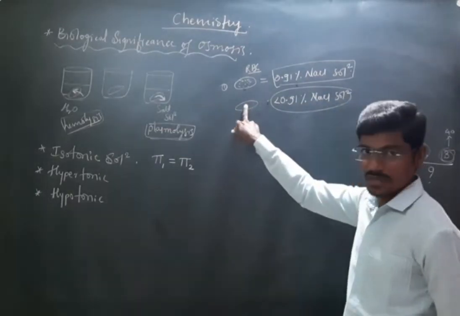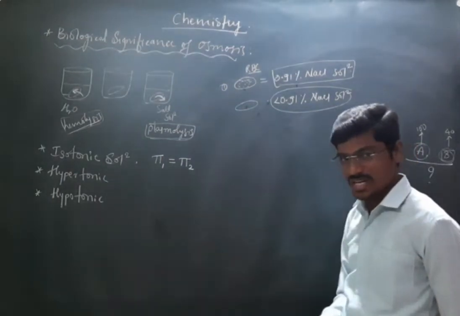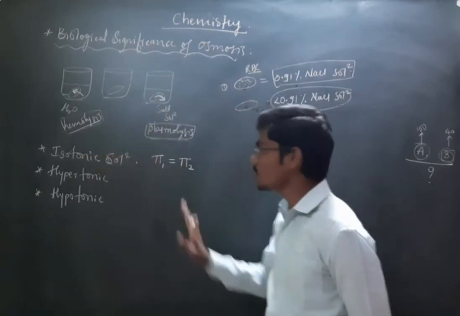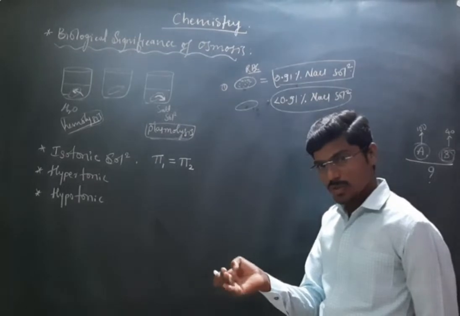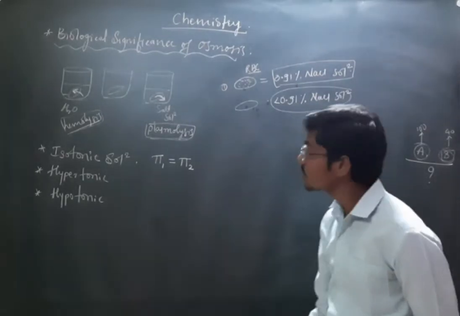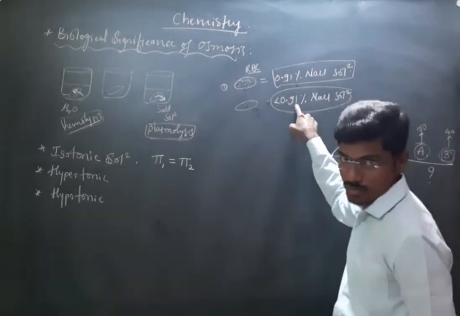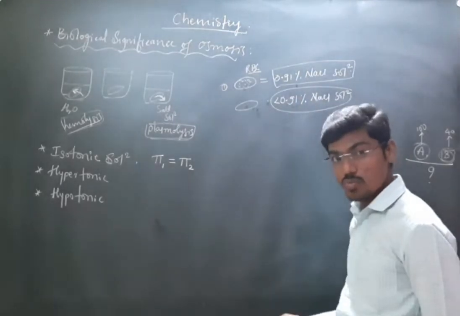Whether the RBC, the red blood cells, undergo swelling or shrinking, that means whether they undergo hemolysis or plasmolysis, depends on whether the solvent molecules come out of the cells or enter into the cell. Suppose the concentration is less than 0.91%. Concentration is less means water molecules are more.